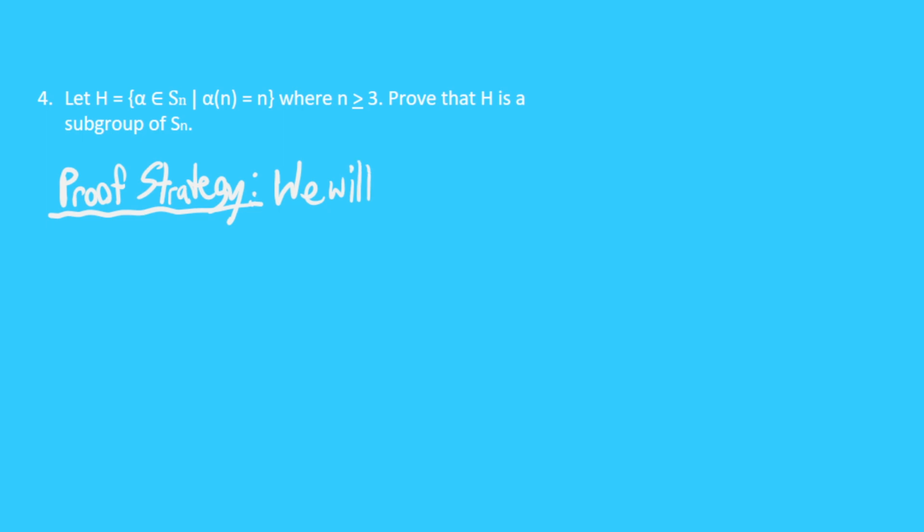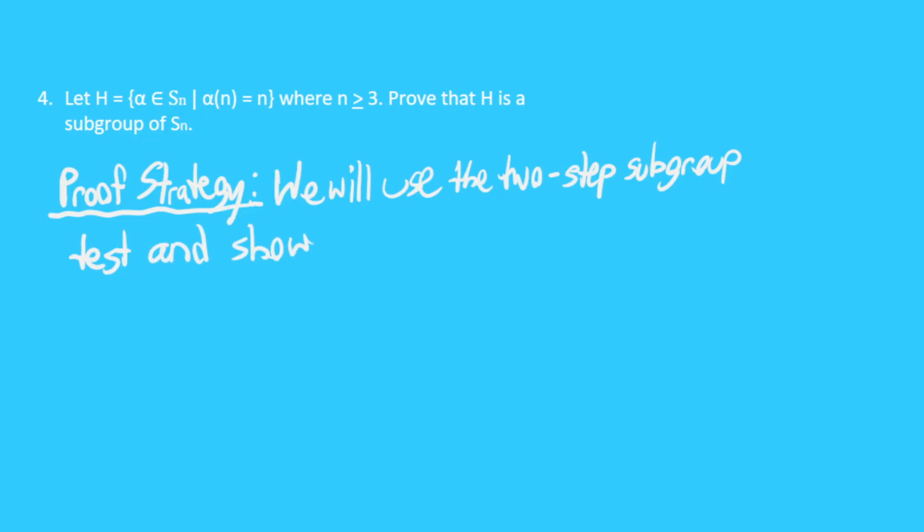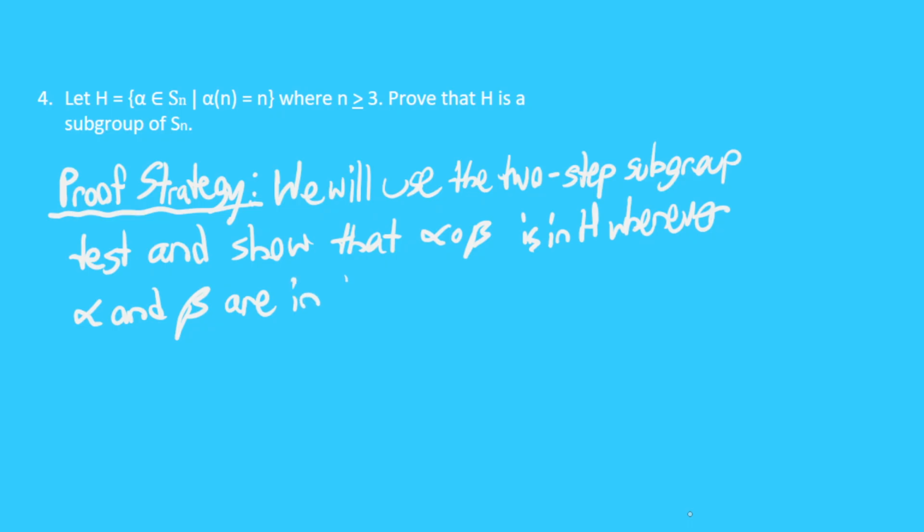So we will use the two-step subgroup test and show that alpha composed with beta is in H whenever alpha and beta are in H, and alpha inverse of n is in H whenever alpha is in H.